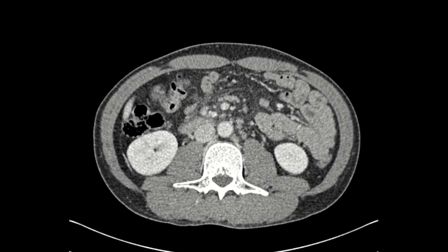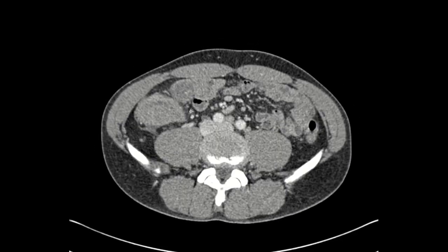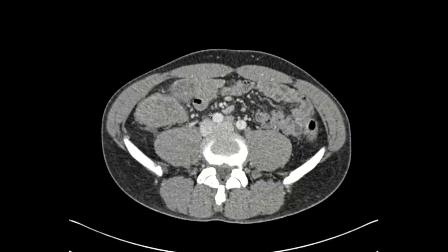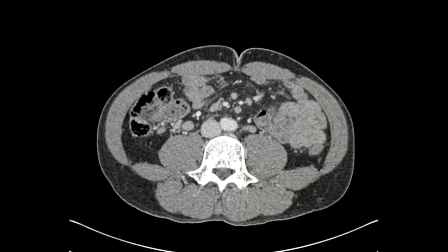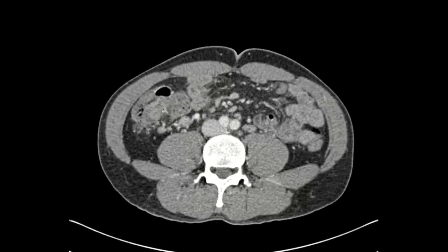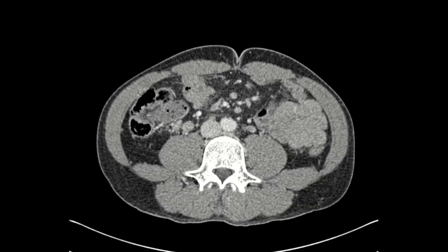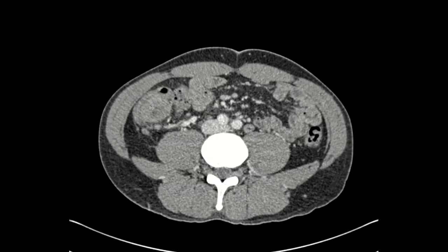Here's a CT scan that was done with intravenous contrast in a patient with abdominal pain, and you can see there's this mass here within the right lower quadrant and associated multiple lymph nodes within the drainage pattern of that mass. Now the mass itself, you can see here is the cecum. We have the terminal ileum coming right here, and so this mass is actually coming from the appendix.